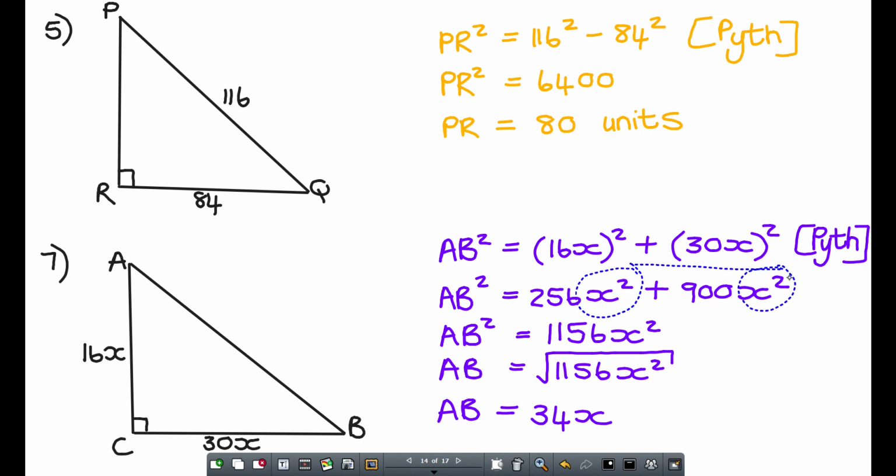So they are like terms, right? So I was allowed to add them, and that gave me the 1156 x to the power of 2. Yes, yeah. Okay, now I want just AB, so I've got to get square root of 1156 x to the power of 2, and that will then be 34x. Okay, so that was a tricky one.